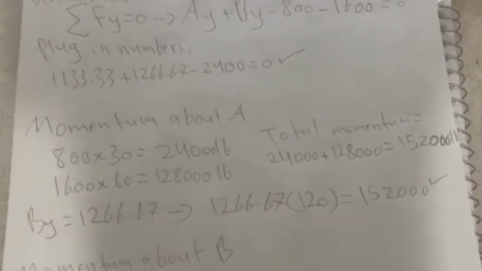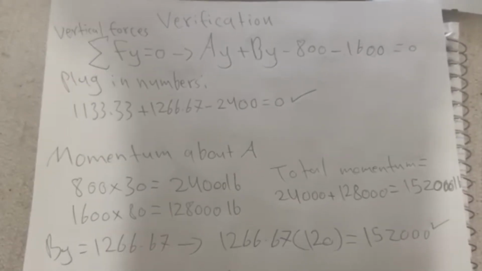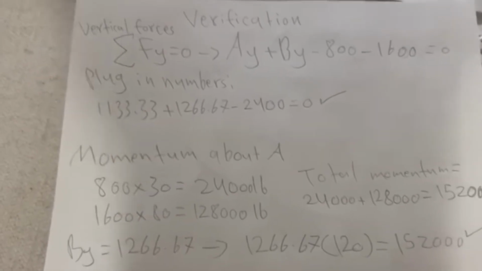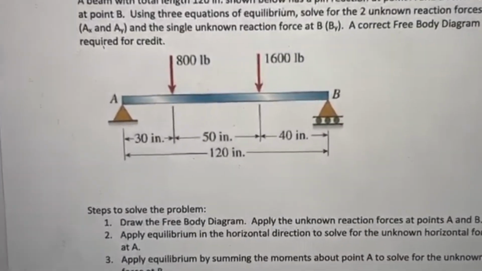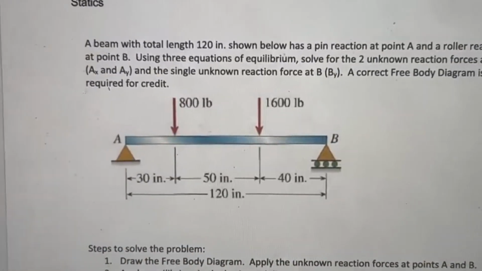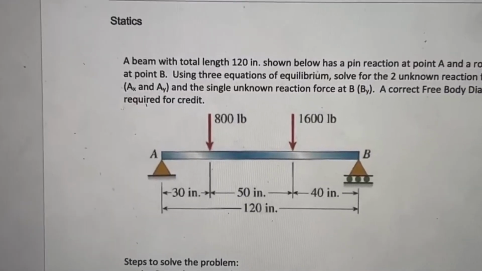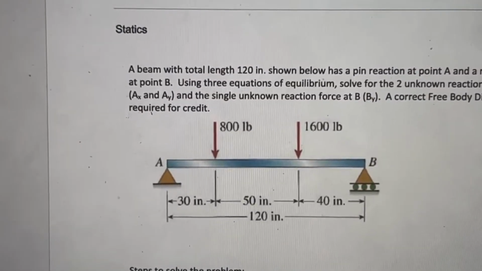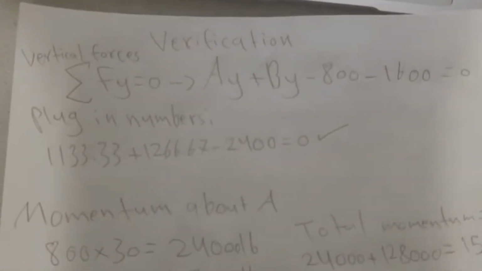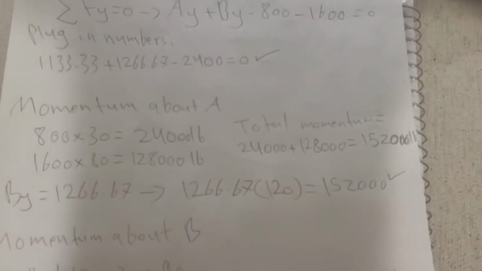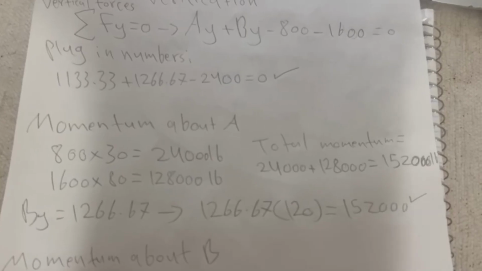And so we'll be moving on to the verification of the moment about point A. So we know that 800 pounds was applied at 30 inches from point A, and we know that 1,600 pounds was applied at 80 inches from A. If you multiply those together, you will get 24,000 and 128,000.